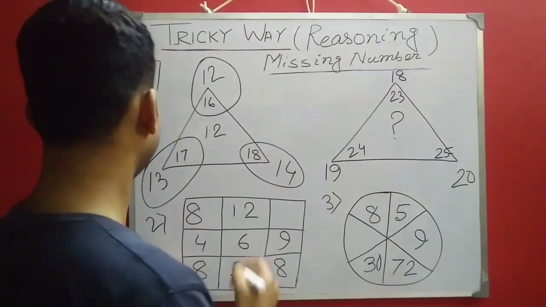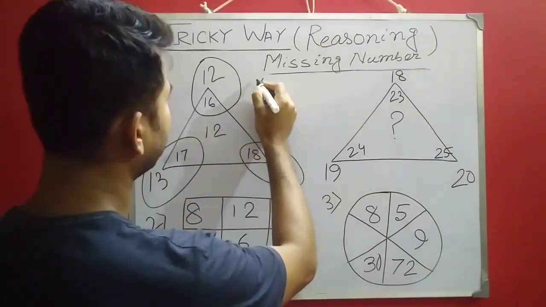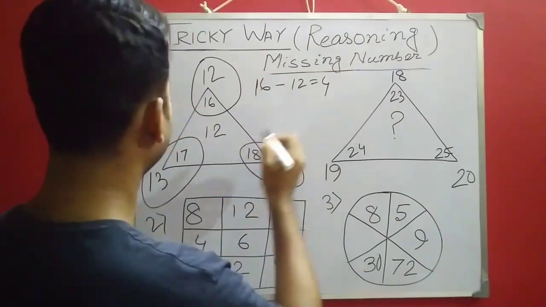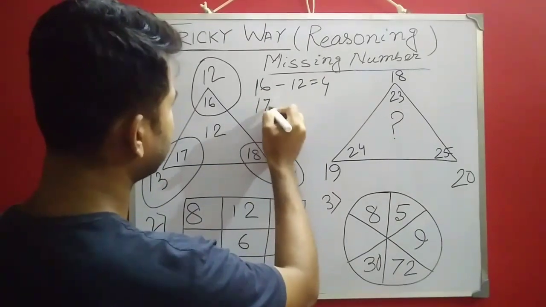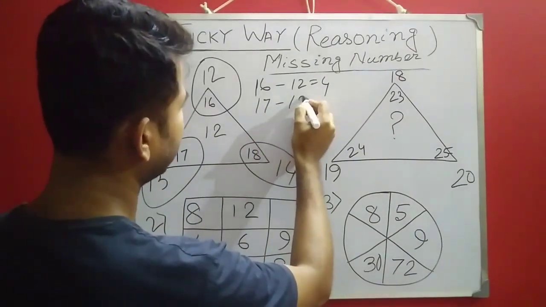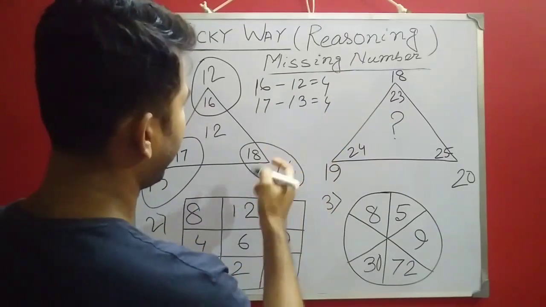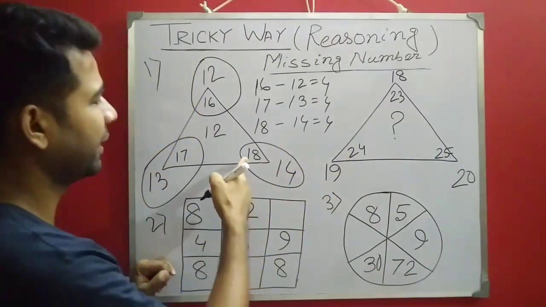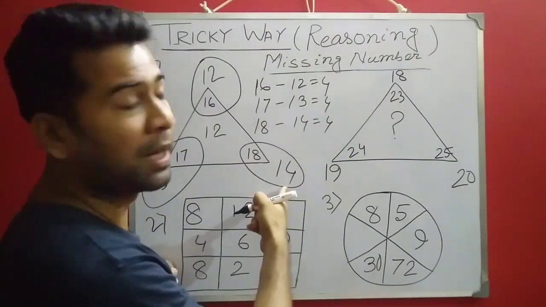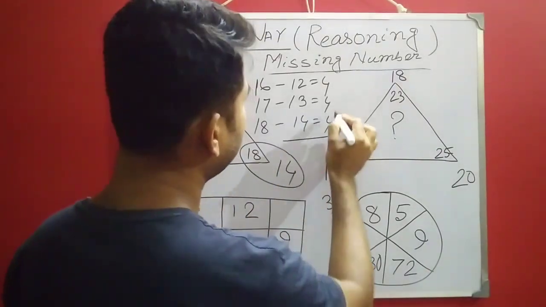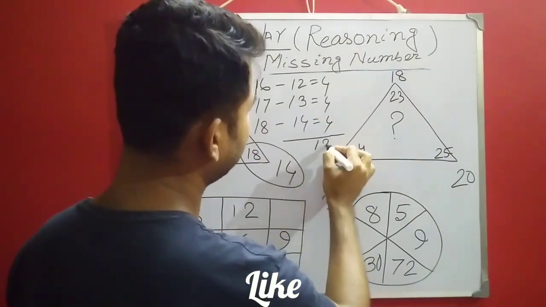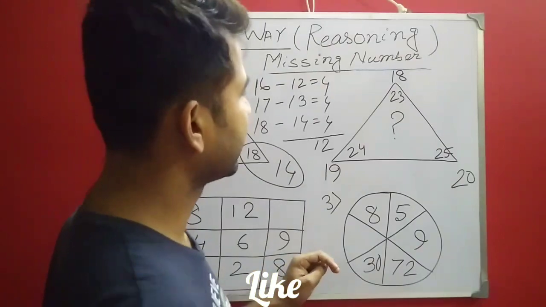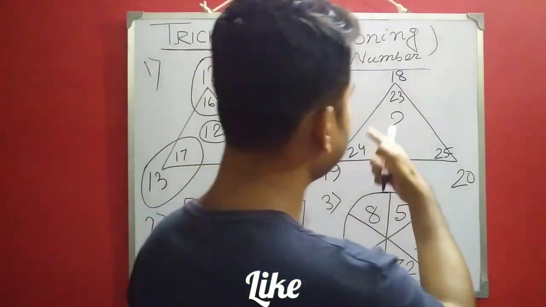So here 16 minus 12 equal to 4, and similarly 17 minus 13 equal to 4, and 18 minus 14 equal to 4. This means the inner value minus the outer value. And now add the values: 4 plus 4 plus 4, 12, and 12 is here. The same operations will be applicable for this case.